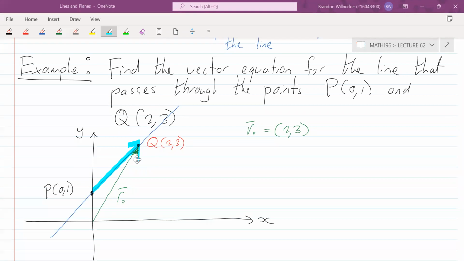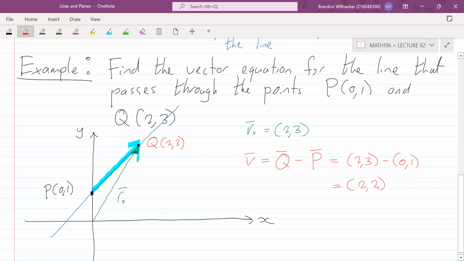It doesn't matter which way you take it, as long as it's along the line. So let's say v is going to be the vector Q minus the vector P. I'm doing the end of the arrow minus the start of the arrow. So that's (2, 3) minus (0, 1). That's going to be (2, 2). So that is our vector that goes along the line.